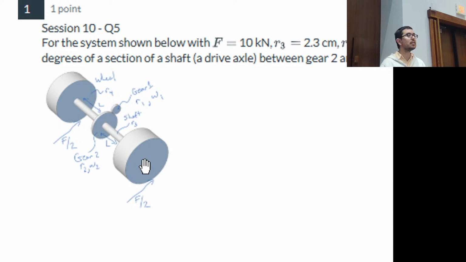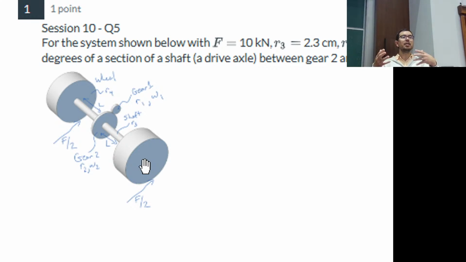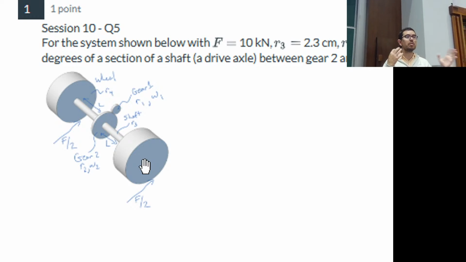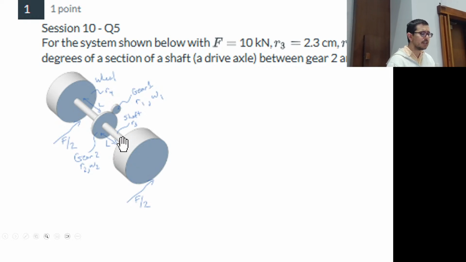This is a simplification, but you've got a drive axle. So you have your transmission, then you've got a drive axle often going to your differentials, and then going to other shafts. The axle is going to your wheels. Anyway, this could be part of one of these systems.